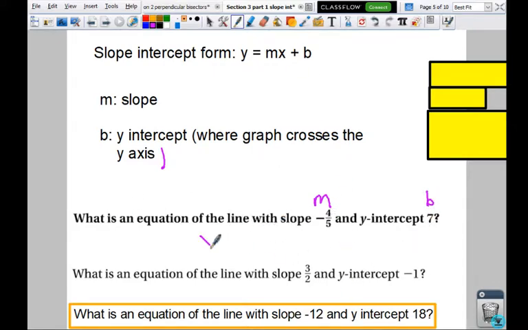So if I'm going to make this equation, I'm just going to go y equals, sorry, I wrote regular 4, not -4. Alright, so my m, -4/5. So I'm going to put -4/5, and then I have x, and then I'm going to go plus, my y-intercept is 7, so I'm putting plus 7. That is my equation in slope-intercept form.